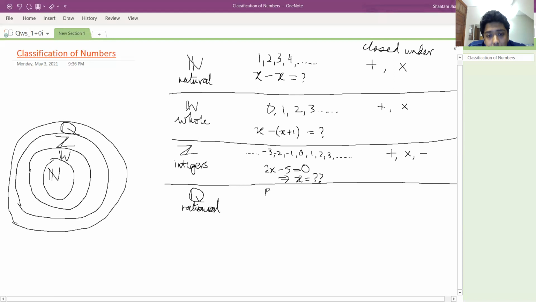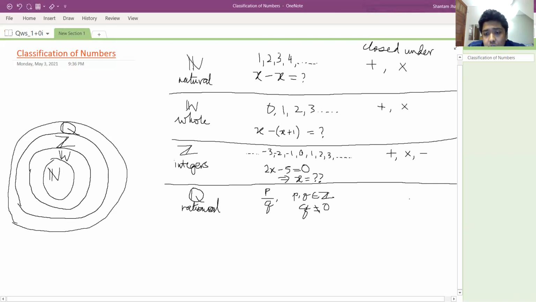The fraction looks like this: p over q, where p and q are integers, right? And q cannot be the integer known as 0 because, well, I'm dividing by it.